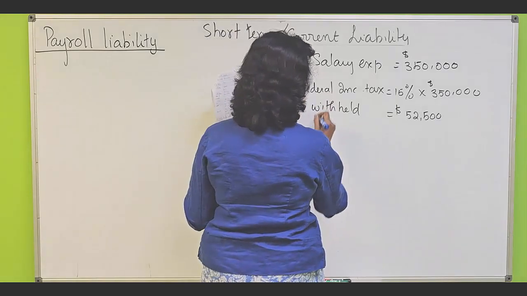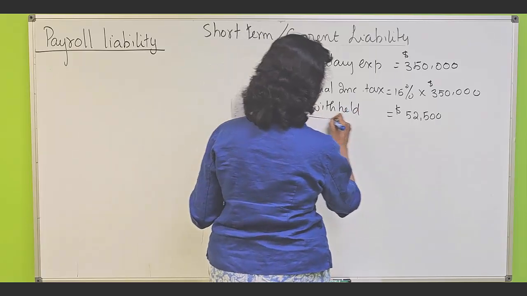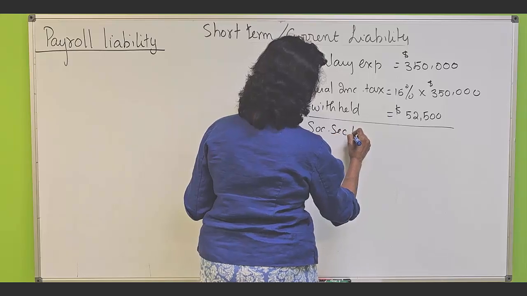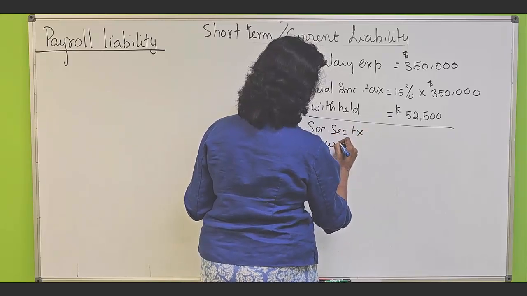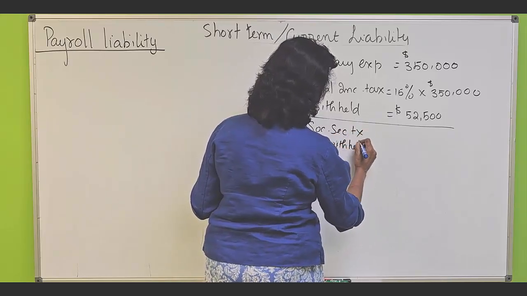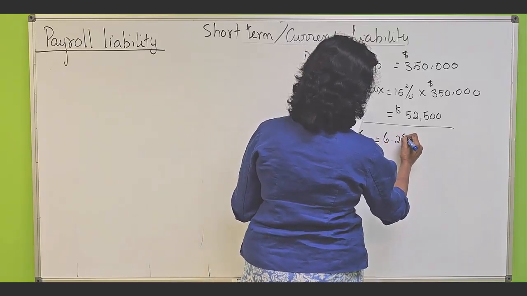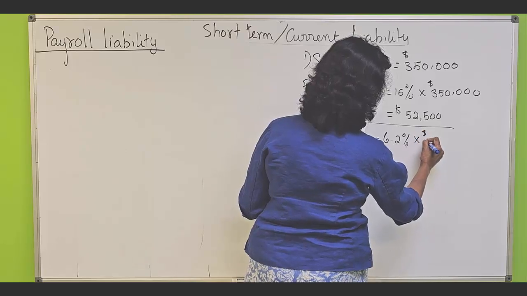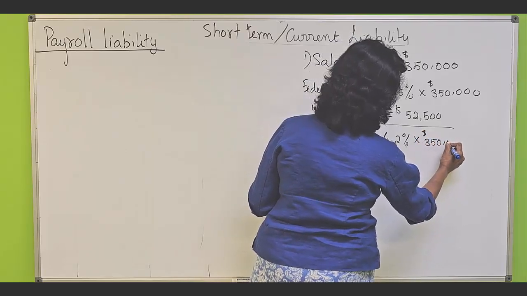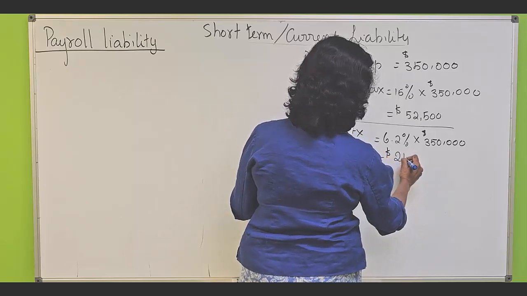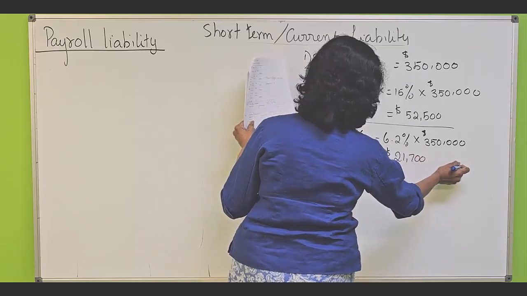So here, this is the first tax withheld, and then the Social Security tax withheld, that will be 6.2% times the $350,000, that equals $21,700.